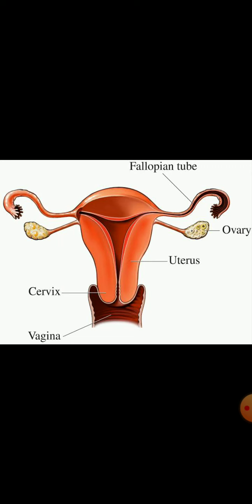How? By thickening the walls, the inner lining. You see, the inner lining of the uterus is shown in red color. So it shows that it will be richly supplied with blood, and this way it will thicken. And for what purpose? To nourish the growing embryo.